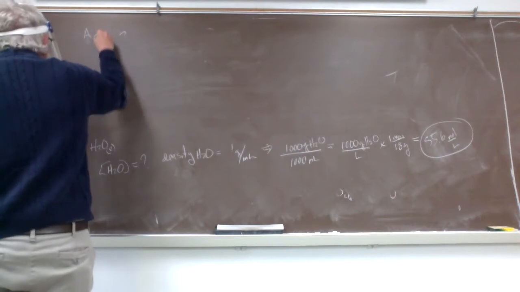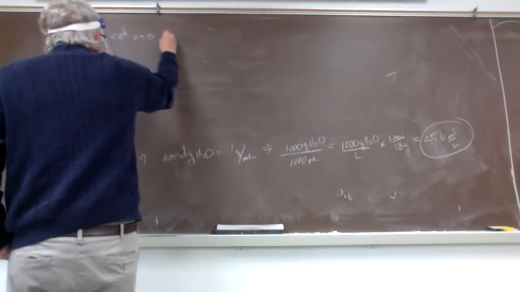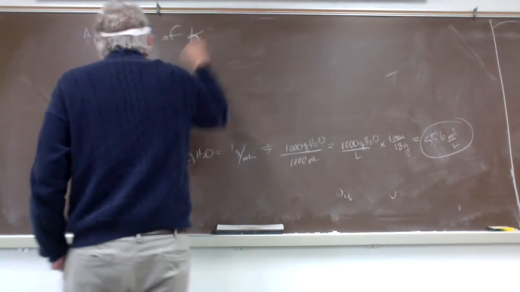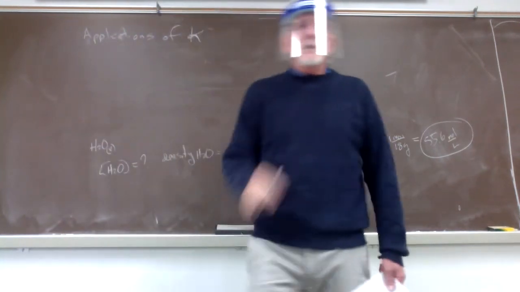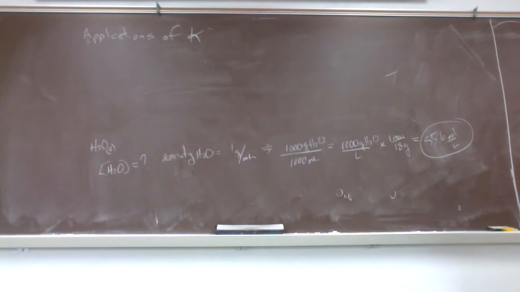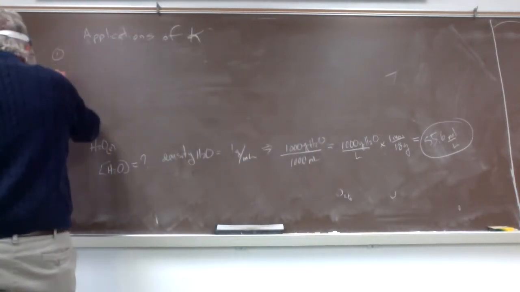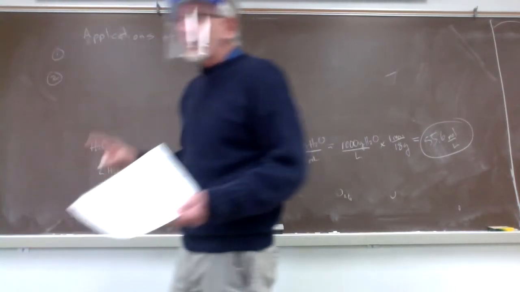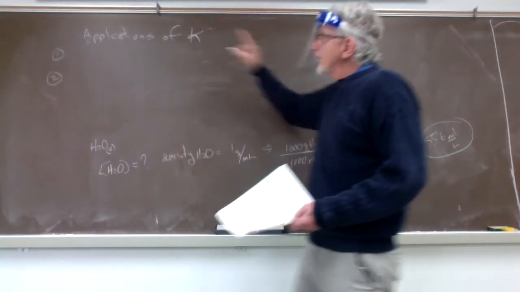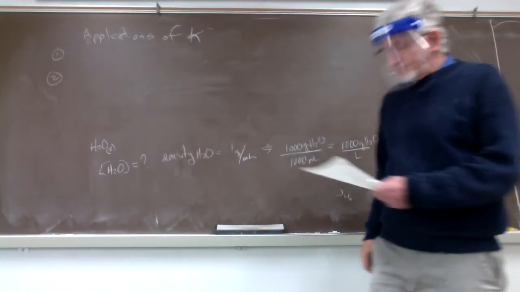Application of equilibrium constant. If we have a chemical reaction and we know the value of its equilibrium constant, what can we do with that? What can it tell us about a chemical reaction? There's more than two things, but right now we're going to look at two things that the knowledge of the value of the equilibrium constant can tell us about a chemical reaction.